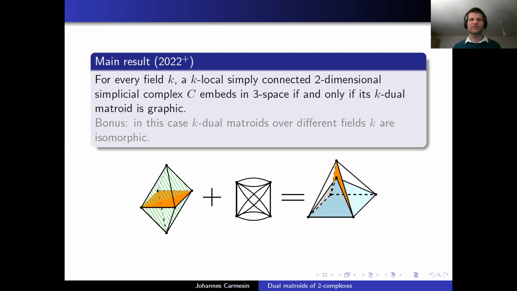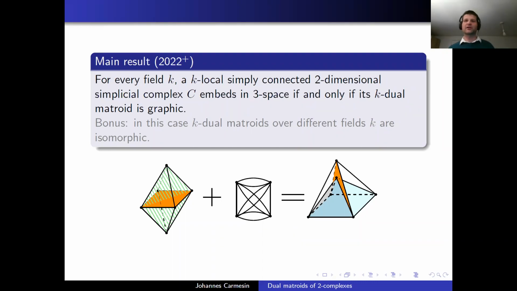A nice bonus from this theorem is that we start with a two complex and pick our favorite field to check this criterion, but once we've done that, we see that it no longer depends on the field. Once we are embeddable, for every field the dual matroids we compute are isomorphic.